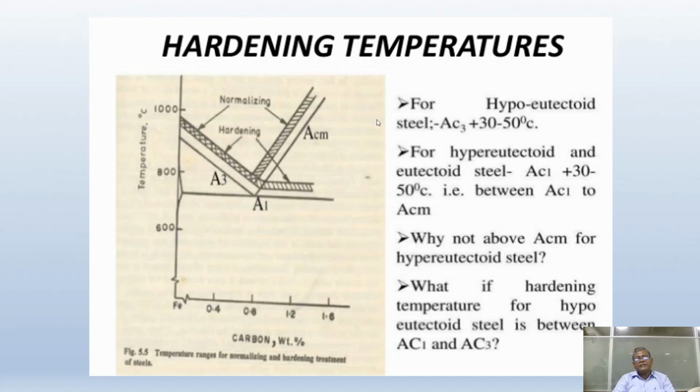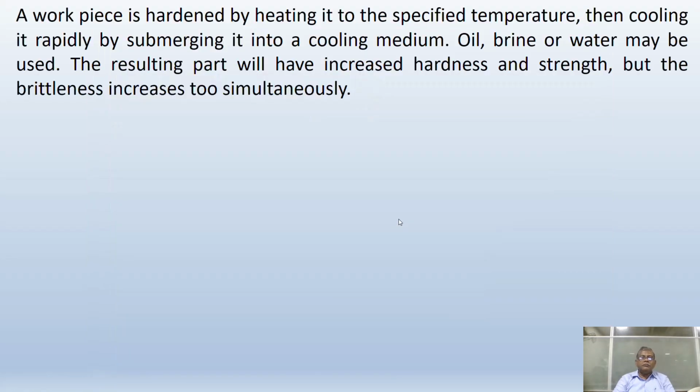Here you can see the hardening temperature for hypoeutectoid steel and hypereutectoid steel, that is, the left side of this line, 0.8 percent carbon, and the right side of 0.8 percent carbon. Cooling is very fast in hardening.